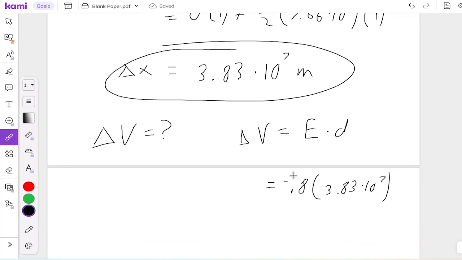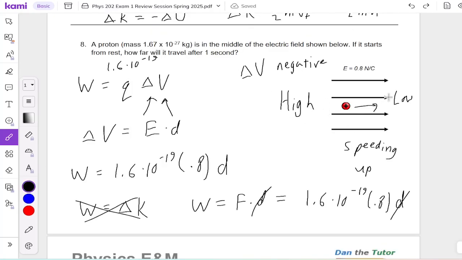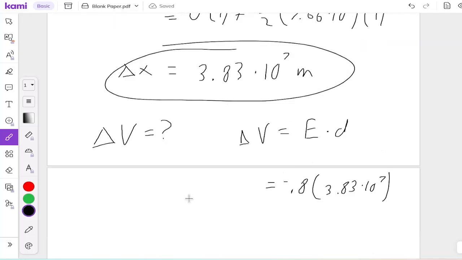Oh, and it's negative for the reason I said earlier. If I go back to the original picture, high to low, if we're doing the final minus the initial, it's going to be a negative number. But again, don't worry about the negative. Worry about the equation and the actual numerical value. Any questions there?